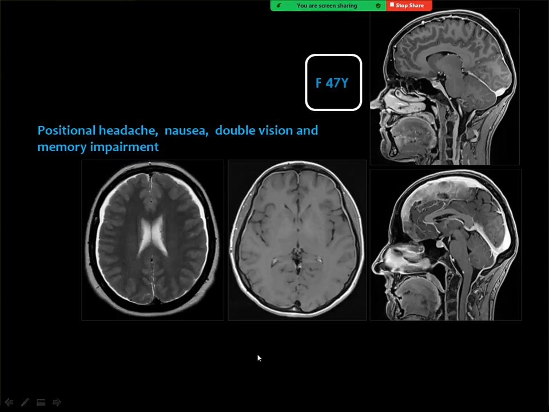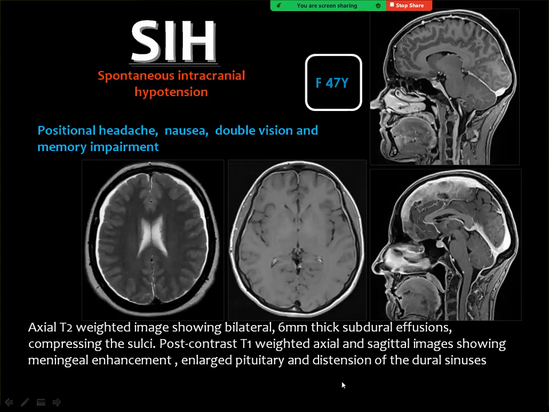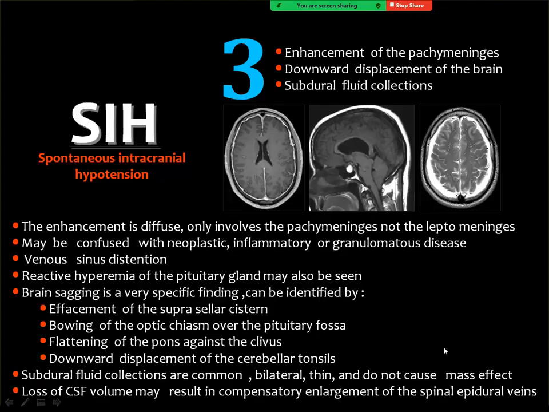Intracranial hypotension has many imaging findings like diffuse meningeal thickening of the dura, distension of the dural sinuses, prominent appearance of the pituitary gland. These are the criteria of intracranial hypotension.